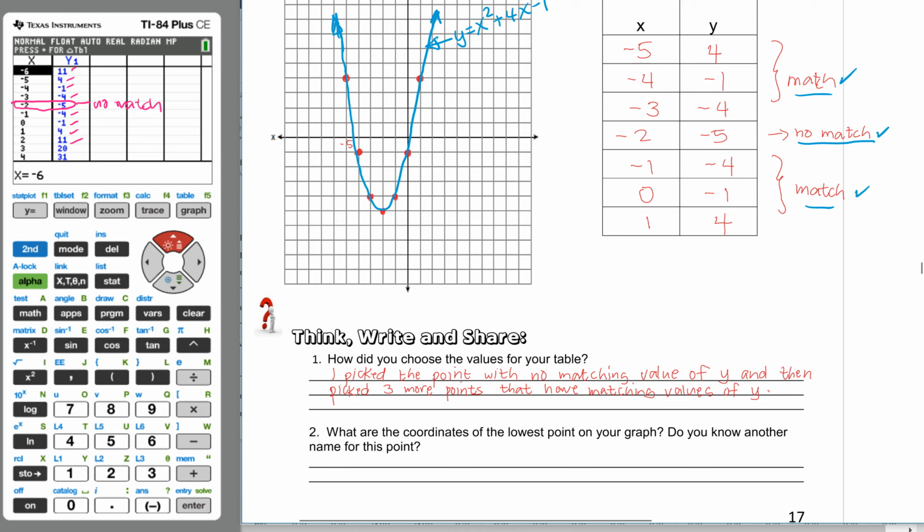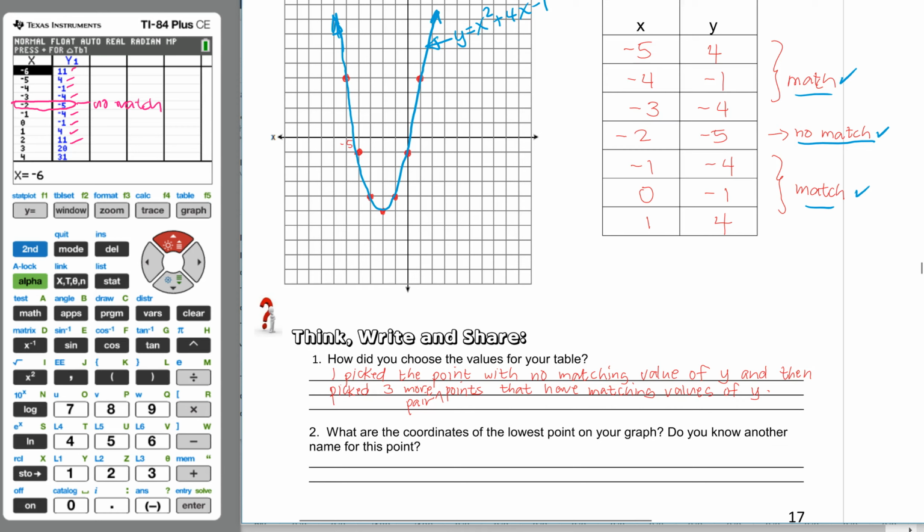So I pick the point with no matching value of y, and then pick 3 more pairs of points that have matching values of y.